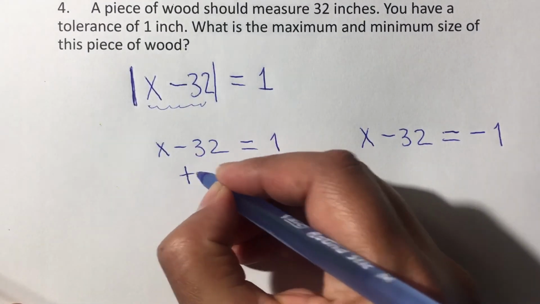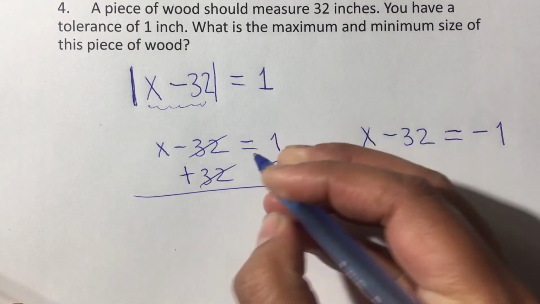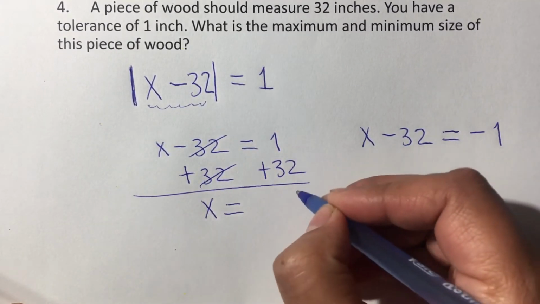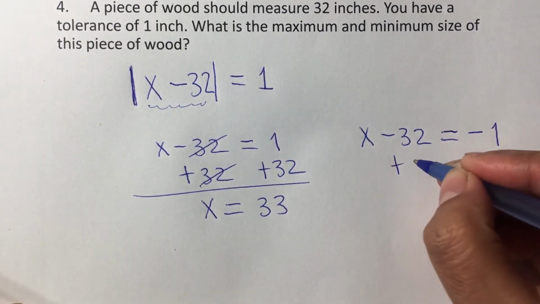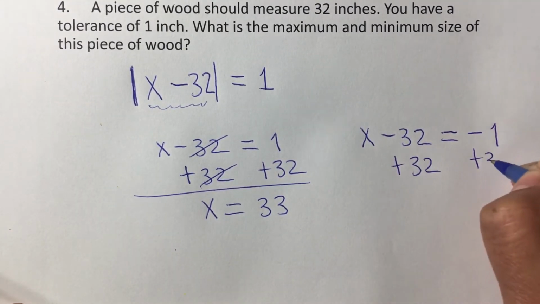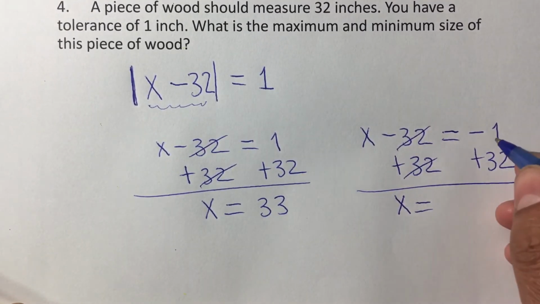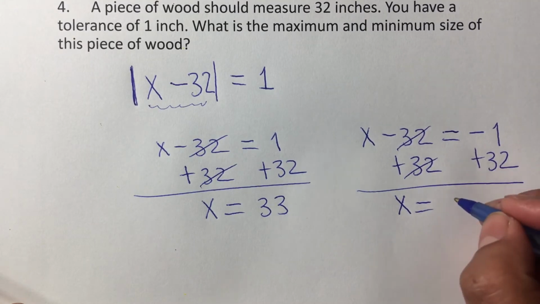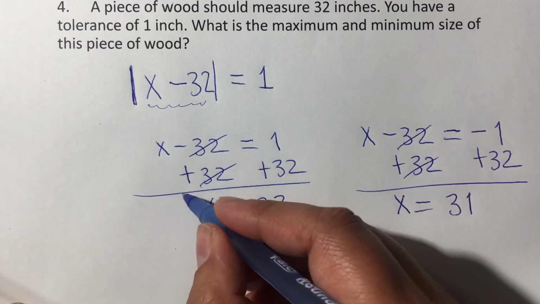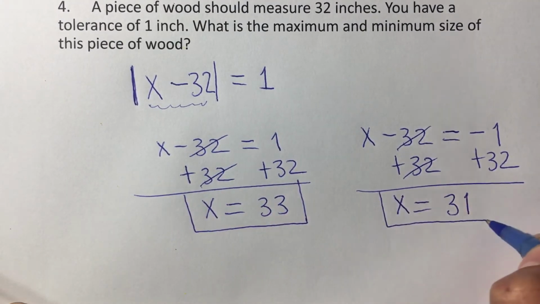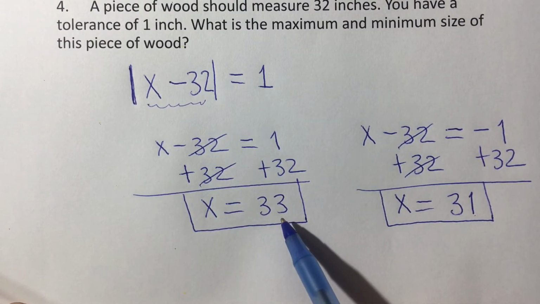We cancel by adding 32 to both sides. This cancels, and so x equals 33. Or we add 32 to both sides, and x equals negative 1 and positive 32, which is 31, because we subtract and leave the greater sign. So that means that the wood can measure between 31 and 33 inches.